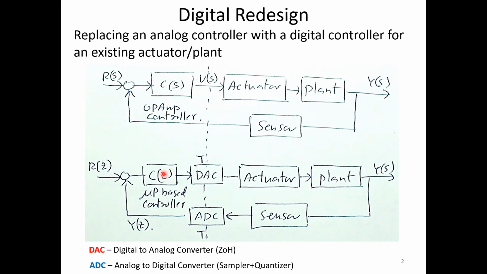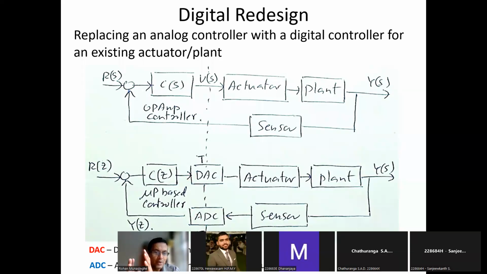Once you do that, the discrete time controller produces a discrete signal, which means a number. And after another sampling interval, it produces another one. It goes like that, one sample at a time. Let's say it is a 1 second sampling interval.